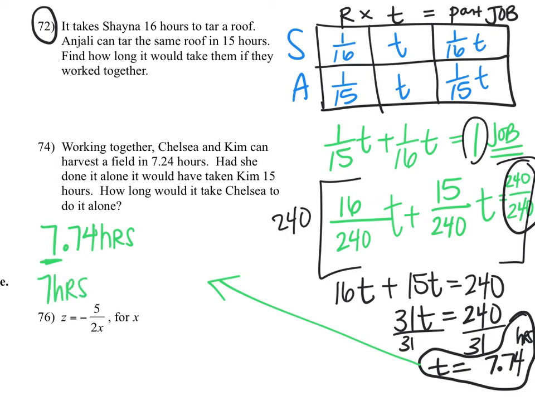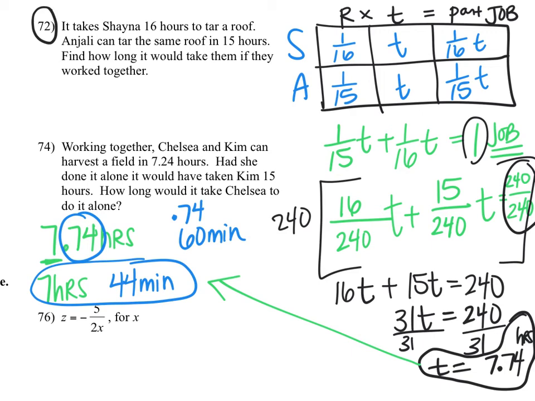So I'm actually going to take the 0.74 and multiply that by 60 minutes so that I know how many minutes is 0.74 of an hour, which is about 44.4, so 44 minutes roughly. And you don't have to answer in both of these, but I know the SAT likes asking questions as far as how many minutes, like 7 hours and 44 minutes rather than 7.74 hours.